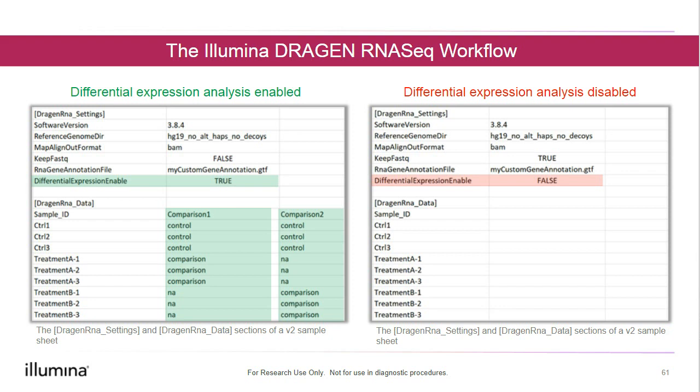When creating groups, each group, comparison and control, must contain at least 2 samples, and the DRAGEN RNA_Data section must have the Sample ID column listed, with the sample IDs required regardless of using differential expression analysis.